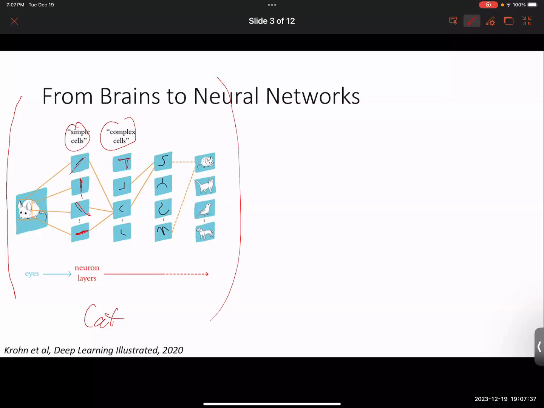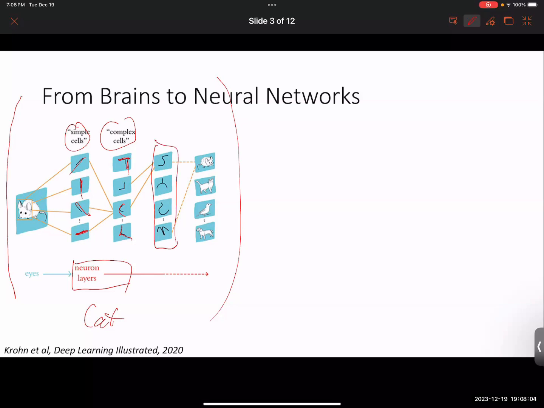For example, the angle up, angle right down, and then a curve or maybe a different shape of curve. So this is how we think the animal brain works: a simple layer, an additional layer, and more complex layers again.